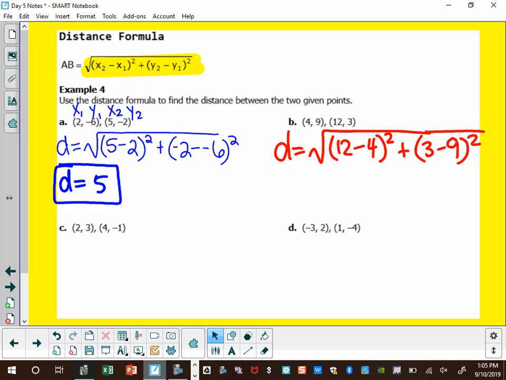If I write negative 2 plus 6, that's the same thing as minus negative.